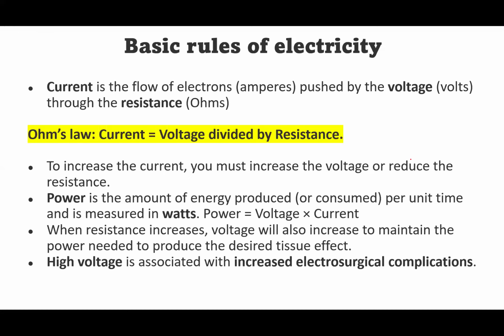You should produce the desired effect you want on the tissue with the least amount of energy in order to minimize the risk of complications. Don't be surprised if, while operating on a target organ, excessive energy causes a complication in an organ that is completely out of your operating field. We'll see all those complications shortly.